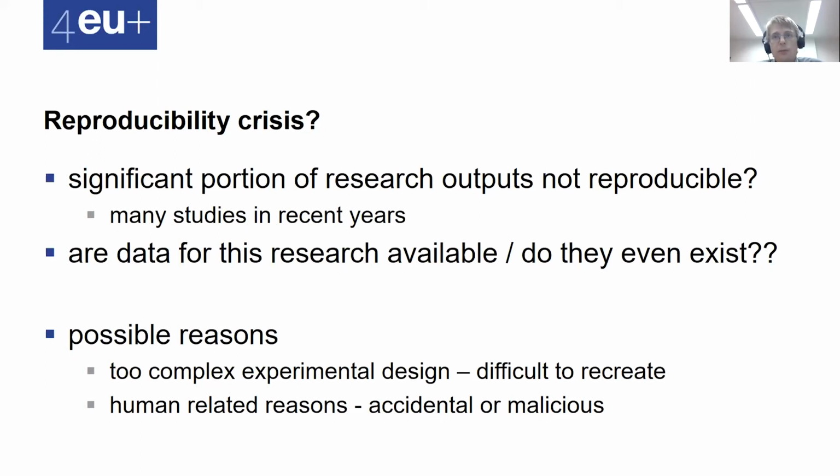An interesting question with regard to open data is if the data for this research are available, or if they even do exist. This problem should be gone if really everybody would switch to producing FAIR data and working in a way that their research would be reproducible.